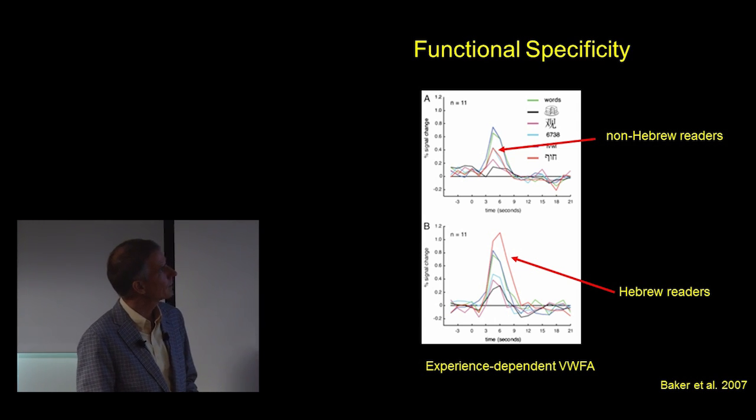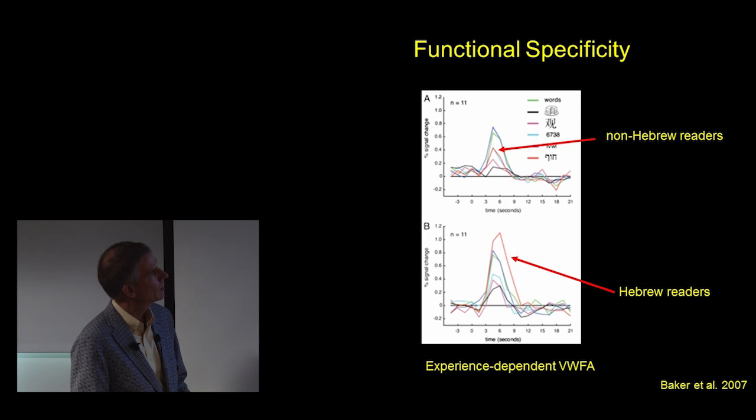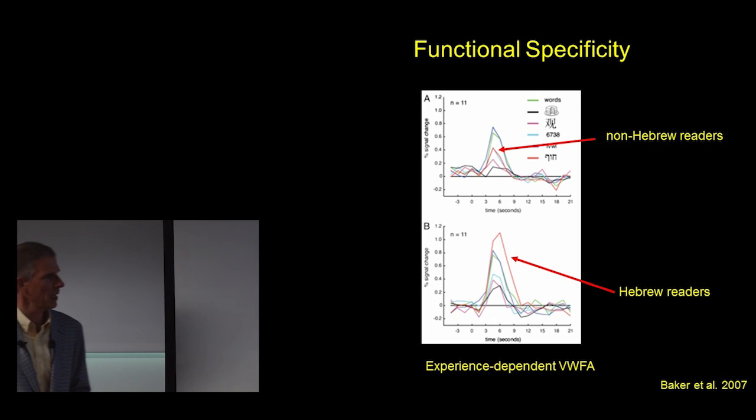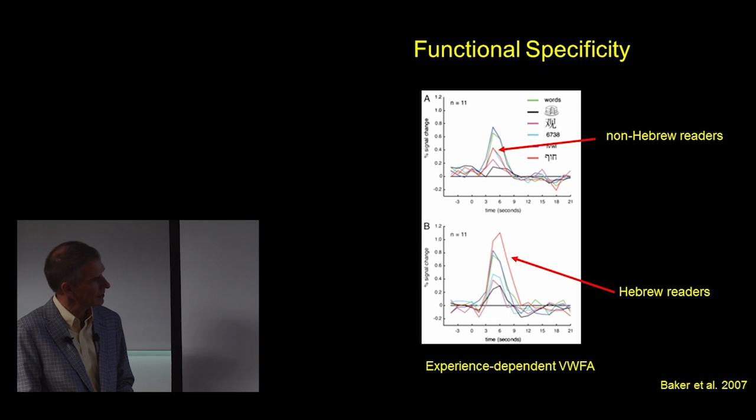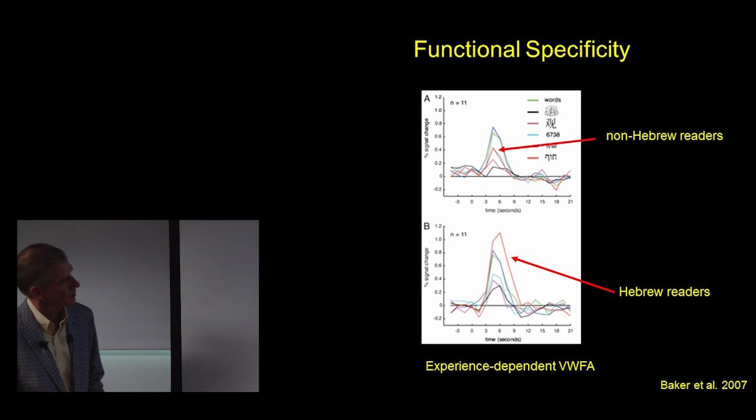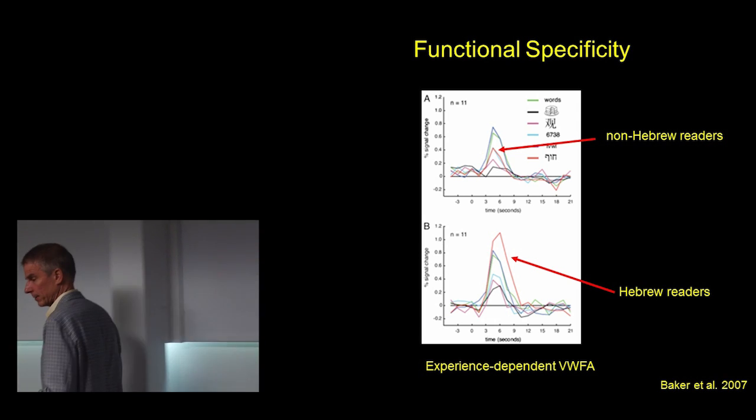And you can see this area is strongly activated by regular text and by words, and also by numbers, but much less by Hebrew, which shares, of course, some of the primitives of individual letters. And here it's 11 undergrads that are Hebrew readers, and here the signal is much, much bigger now. It makes sense. It depends on experience.